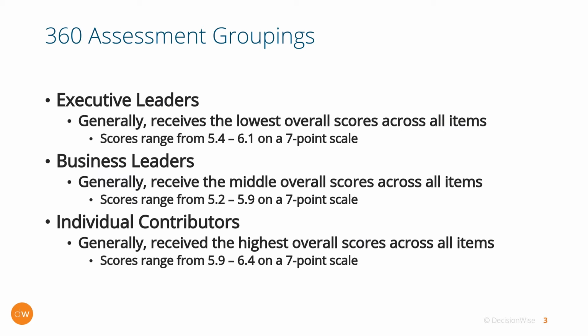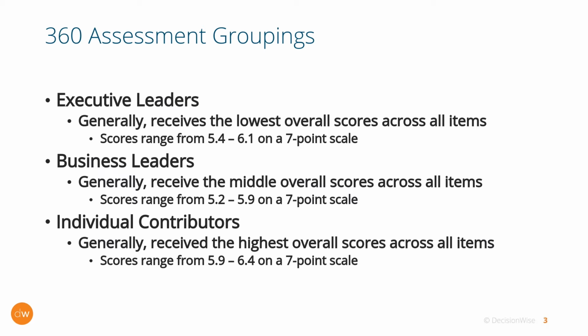And maybe, Christian, this is a good place to talk about the difference between a statistically significant difference and a practical or meaningful difference. Because I can see some of our audience saying, well, statistically, there's probably no difference between these three groups and the scores that they get.